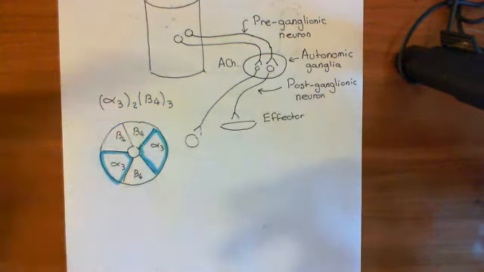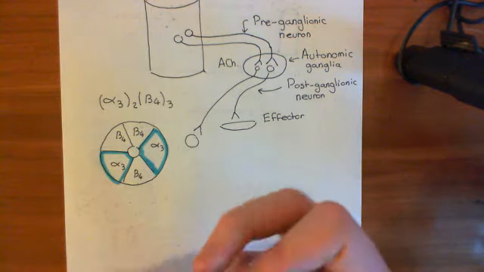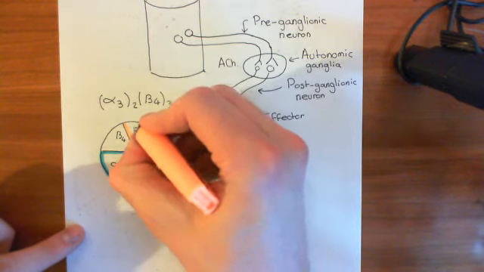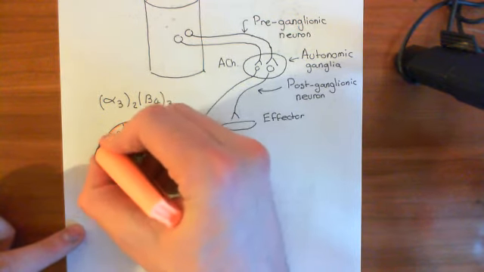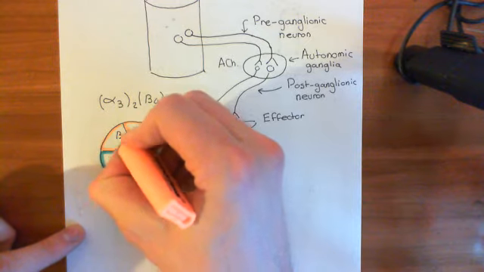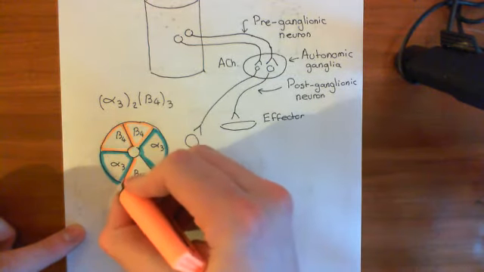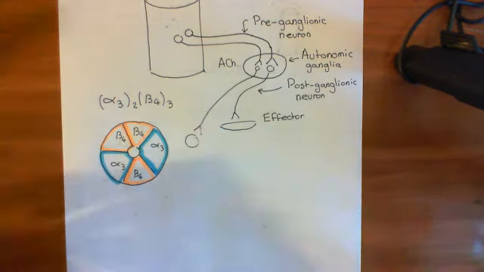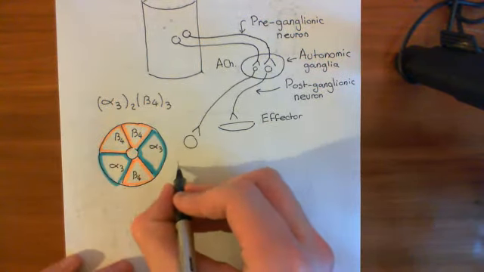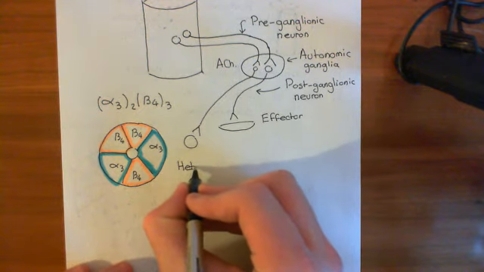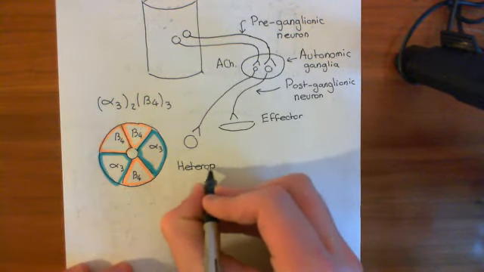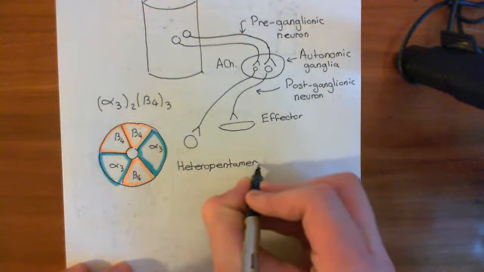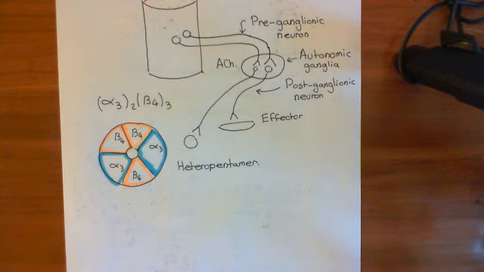Then you take the beta 4 nicotinic acetylcholine receptor gene, and you make 3 of those proteins, and you stick these 2 alpha 3 proteins together with these 3 beta 4 proteins, and that creates an alpha 3 2 beta 4 3 heteropentamer. Again, it's a heteropentamer because you've used different nicotinic acetylcholine receptor subunits in your 5 slots. You haven't used the same one 5 times.